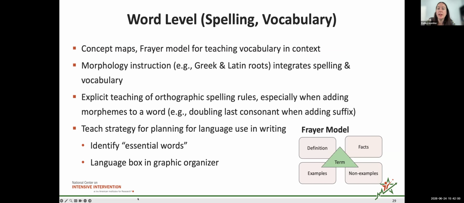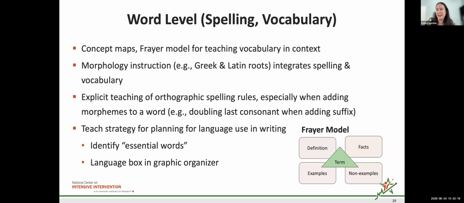At the word level, you want to teach both spelling and vocabulary. So for vocabulary, the research is really supporting the use of things like concept maps or a Frayer model, and really teaching that vocabulary in context.